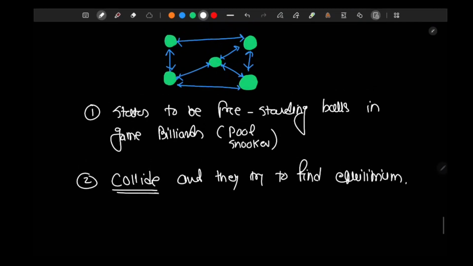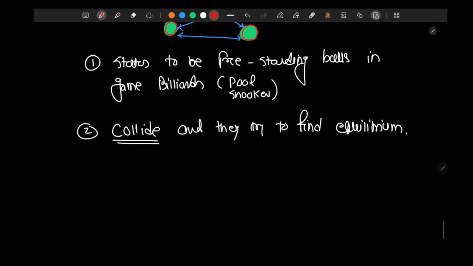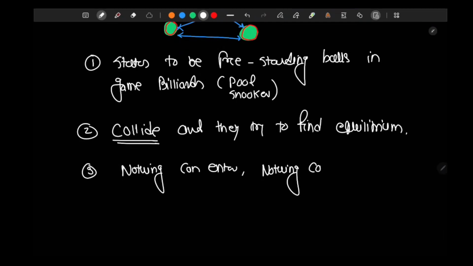And they are solid from inside. Nothing can enter them. Nothing can exit within.